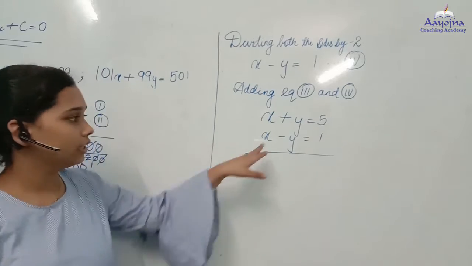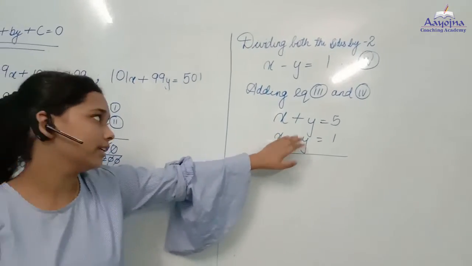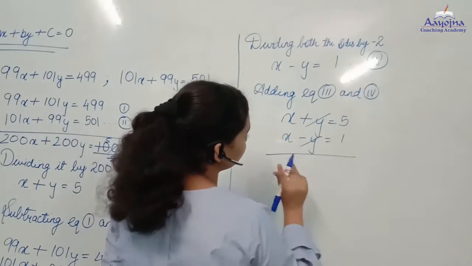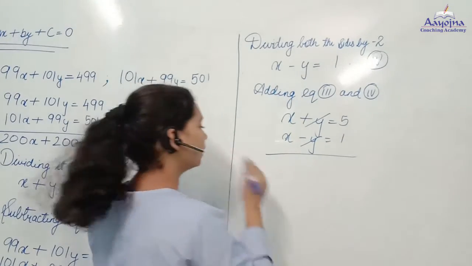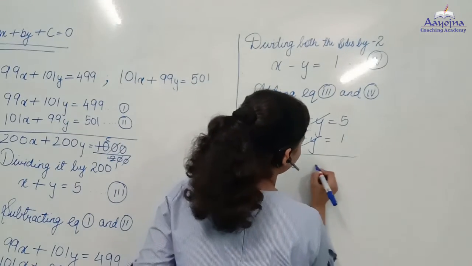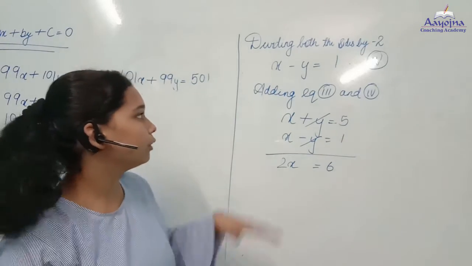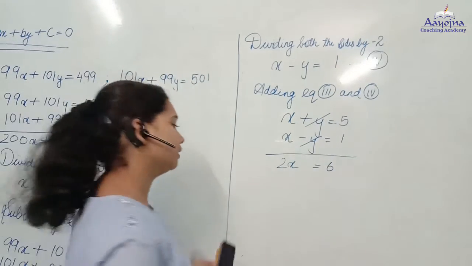Now if you see, we have plus y and minus y, which is always 0. So we will cancel them and we will not write anything here. x plus x becomes 2x. 5 plus 1 is 6. Why did I add? Because I have written here adding equations 3 and 4, and so we are adding them.